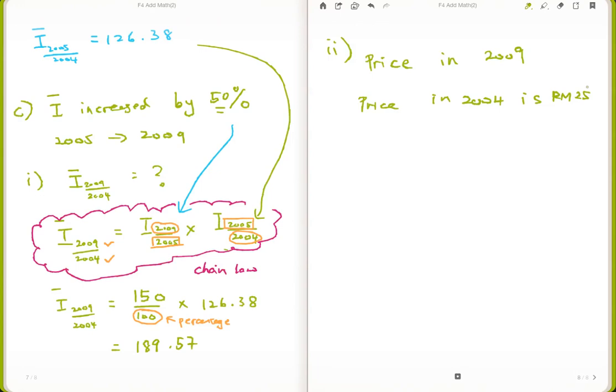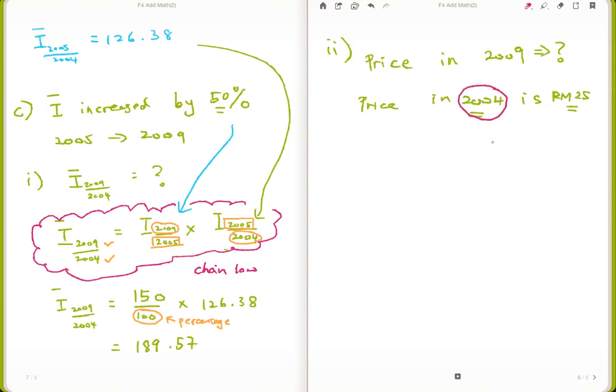Now they ask you, what would be the price of this material if the price in 2004 is 25 ringgit? So how are you going to do that? Again, you have that information already.